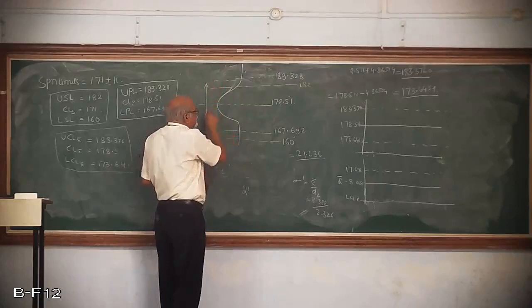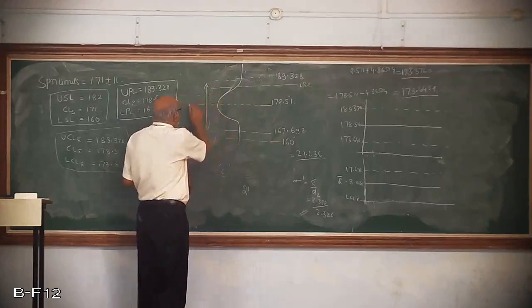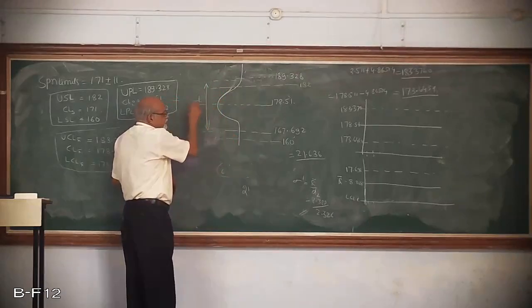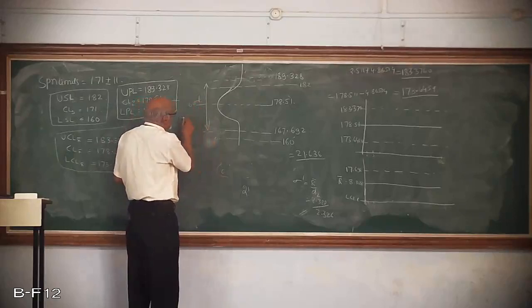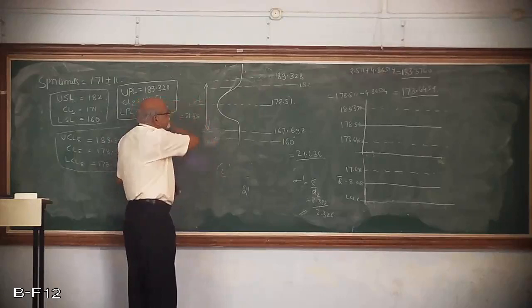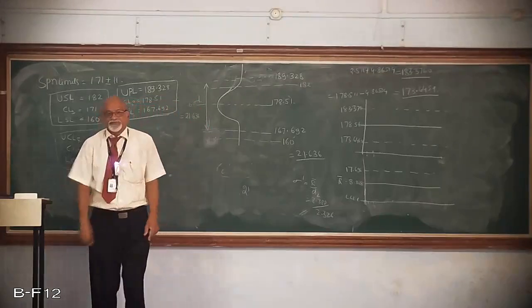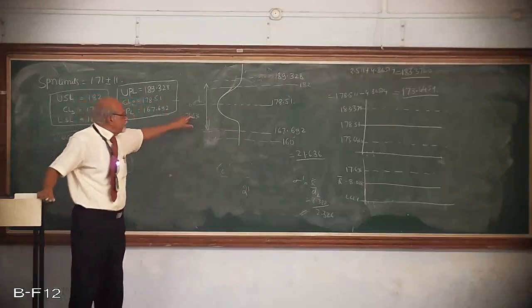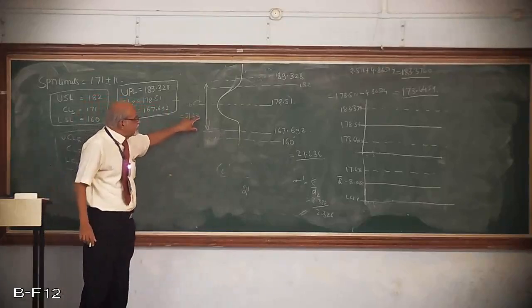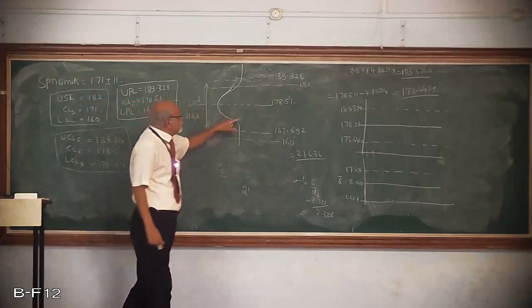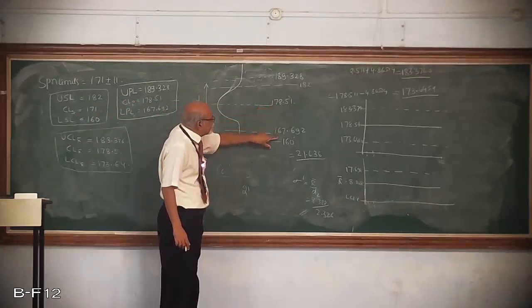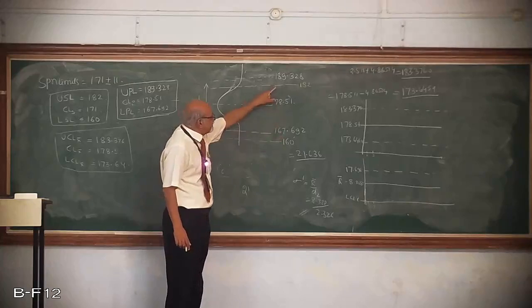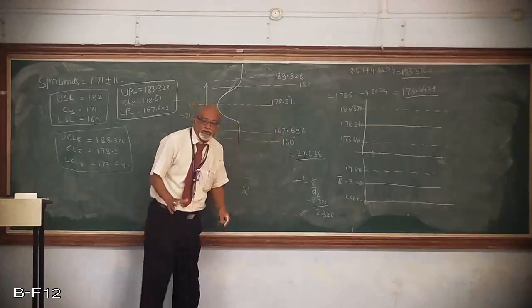And if you look at this, this will become 6 sigma prime, and this 6 sigma prime value works out to be 21.636. Try to understand this difference. From the specification point of view, the difference between the upper specification limit and the lower specification limit, 182 minus 160, works out to be 22.